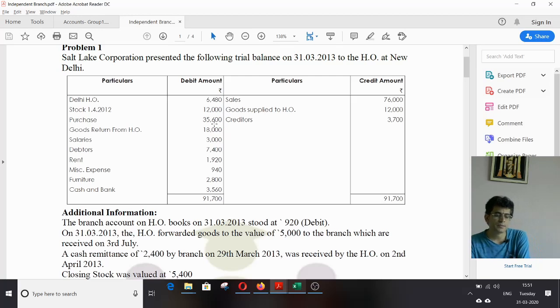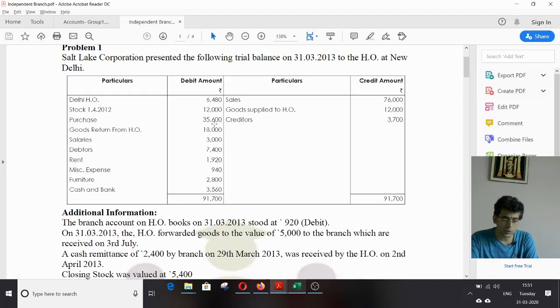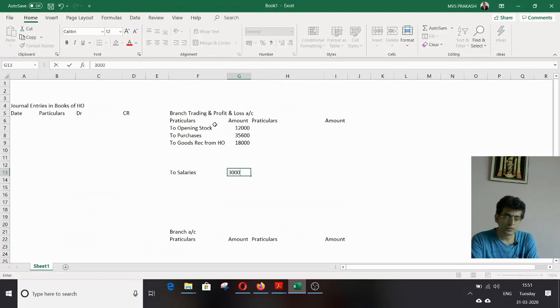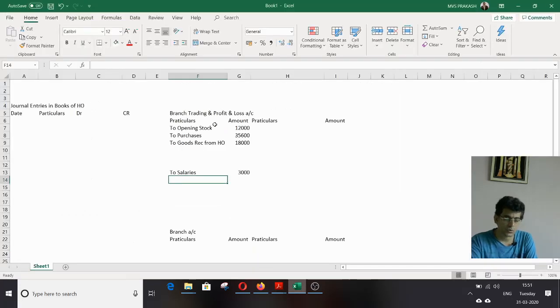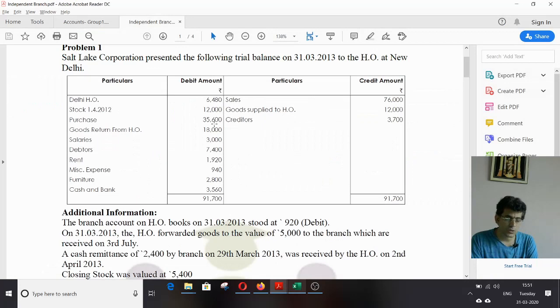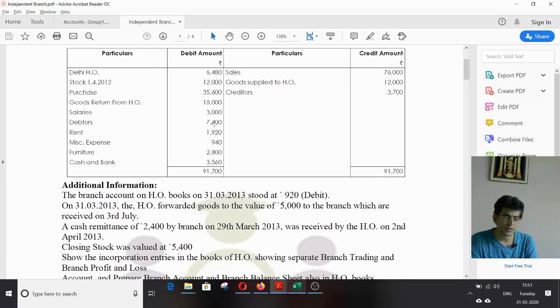Then salaries. Salaries is something related to my profit and loss account, so I will consider here salaries amounting to 3,000. Debtors balance will be taken to the balance sheet, that we will see at a later stage. Rent is given, so to rent. Let us see whether any outstanding rent is also there. In this problem there is no outstanding, so we have to consider it directly.